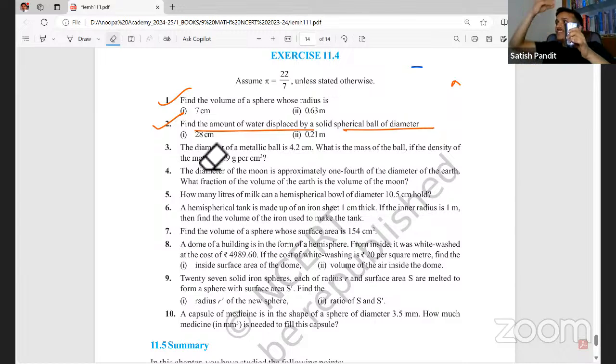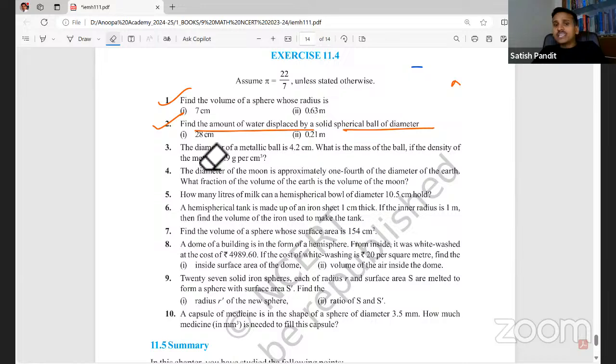If I drop the spherical ball, whatever is the volume of that spherical ball will be the volume of water which will come out. If I fully fill this glass and put a sphere of some volume, whatever water comes out will be equal to the volume of the solid sphere.